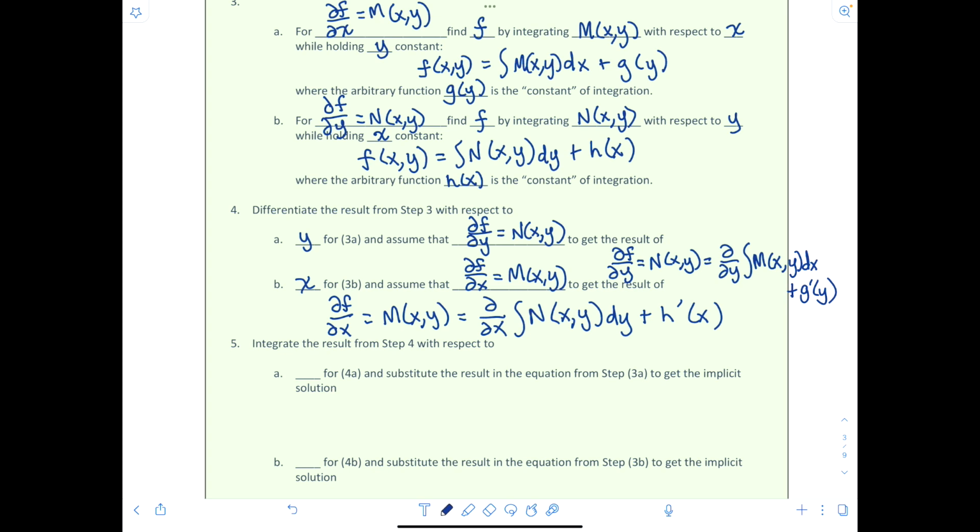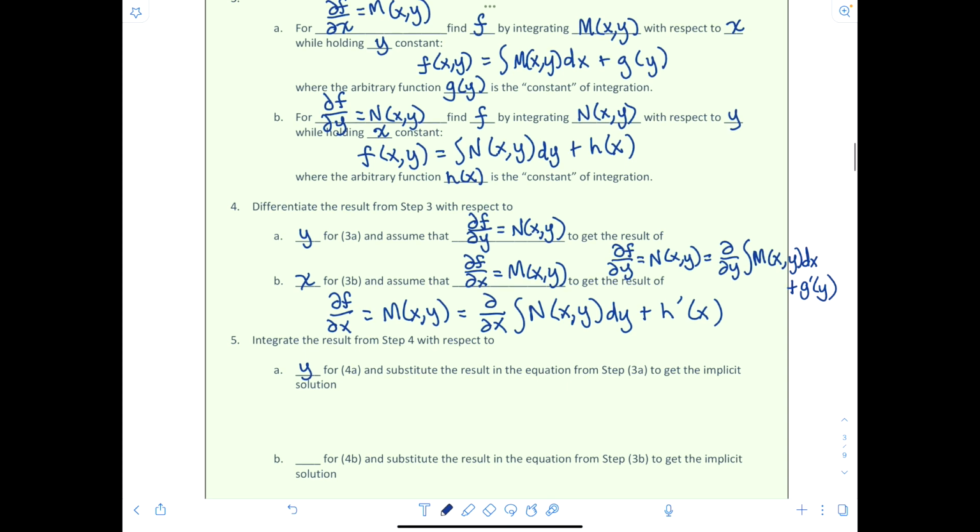Then, after you get h prime at x, you isolate your h prime at x or your g prime of y. And then you go through and integrate. So if you set it up like the part A's, you would integrate the result from step 4 with respect to y, if you did it by 4a, and then you substitute the result in the equation from step 3a to get the implicit solution, f of x and y equals some c.